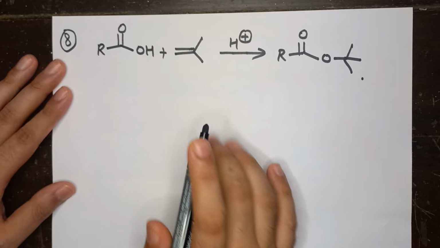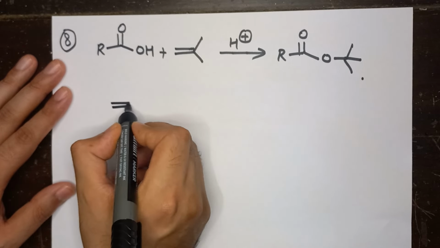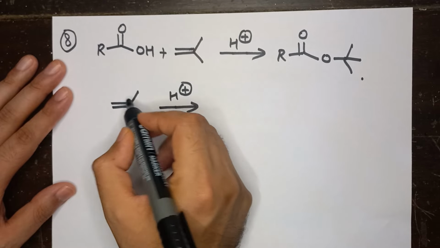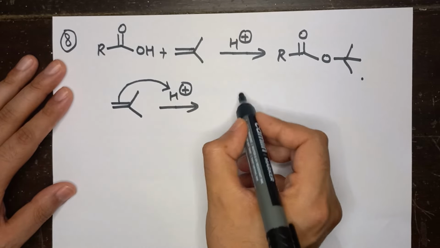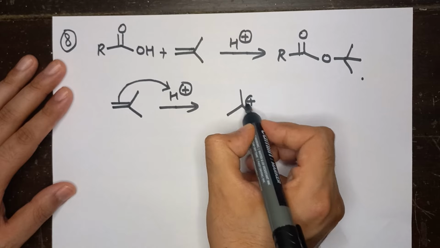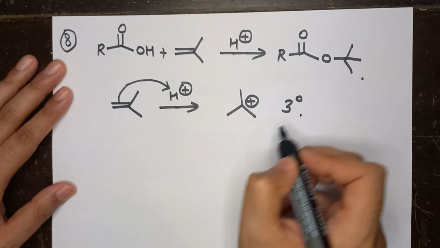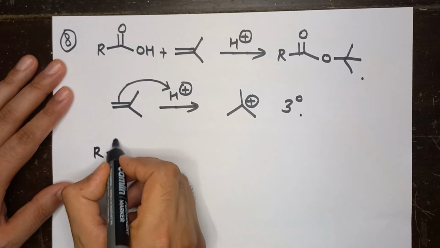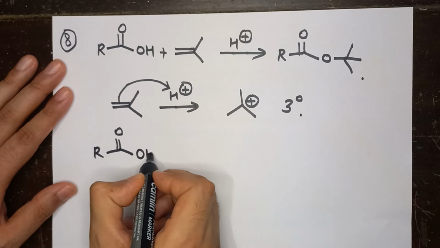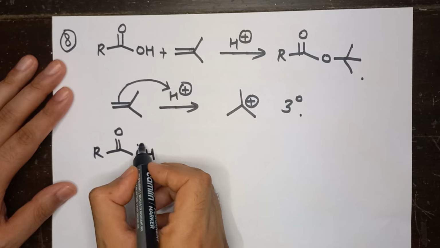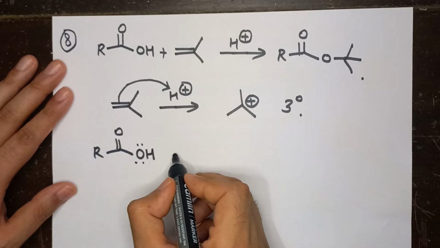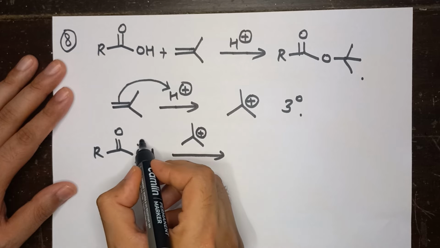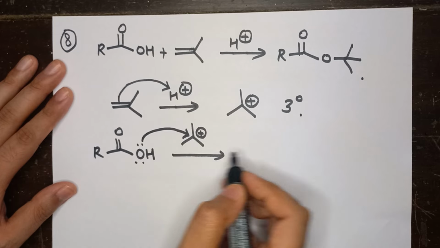Okay, so we have alkene under acidic medium. This double bond will grab this proton and will generate this very stable tertiary carbocation. Now it is very clear you have a carbocation and you have an oxygen bearing not negative charge, lone pair here. So this oxygen is going to form a bond with this carbocation.